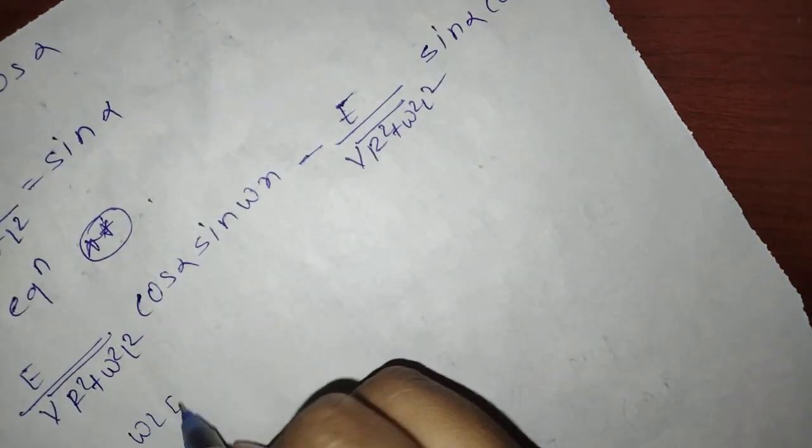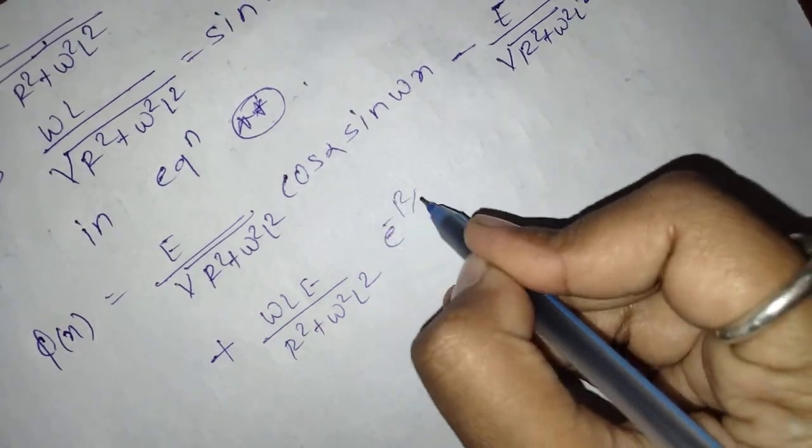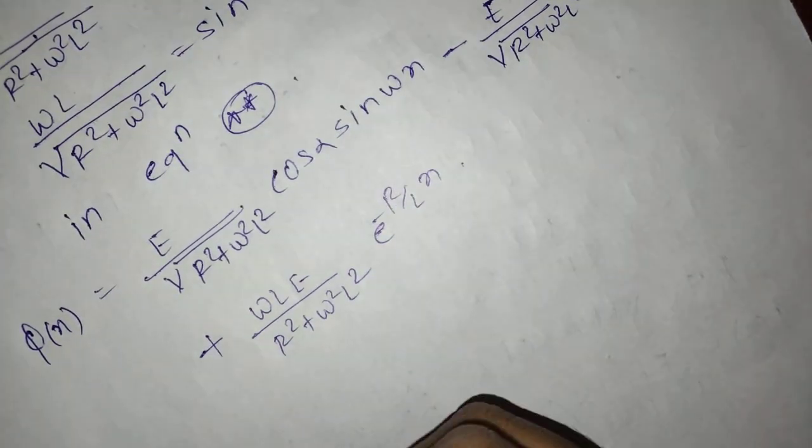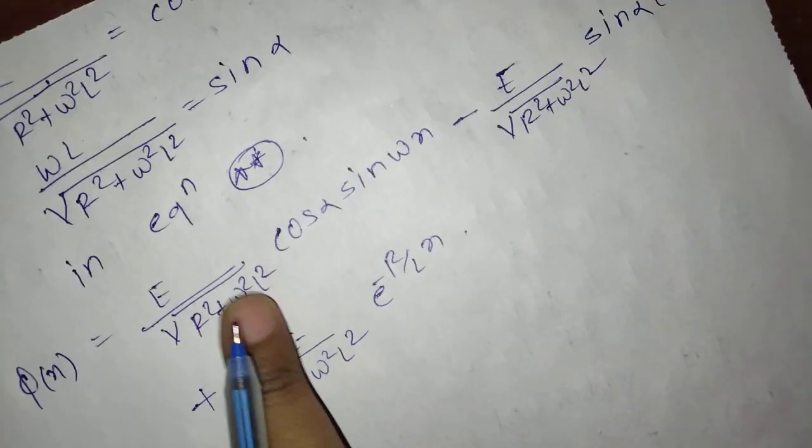Now you can see that take this common, E upon under root R square plus W square L square.